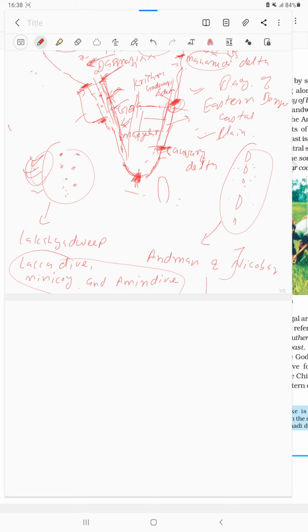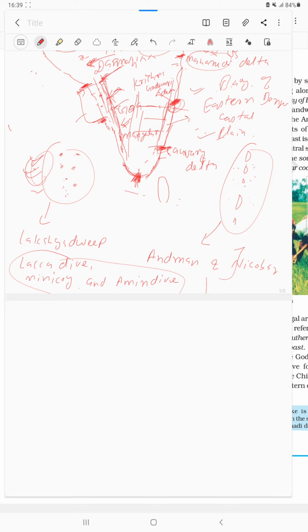Okay. The largest coral reef of the world is in Australia, the Great Barrier Reef. The scene of the coral reef is very beautiful. Okay.